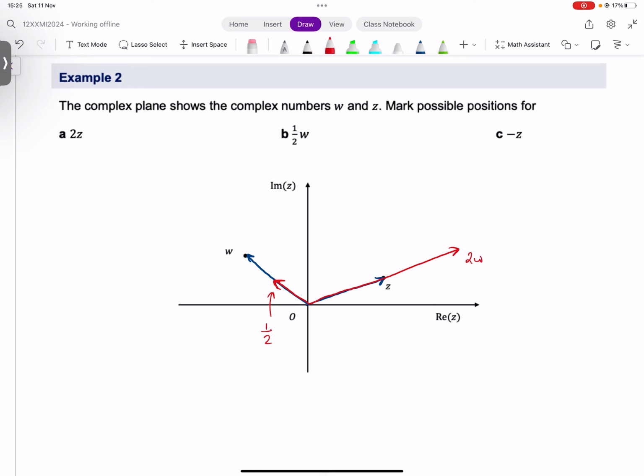Apart from if it's negative, the argument of a negative number is 180 degrees, so it actually rotates it by 180, or in other words, it sends it in the opposite direction. So following that, minus z is going to be here. And that's a half w. I wrote minus w, I meant to write minus z.